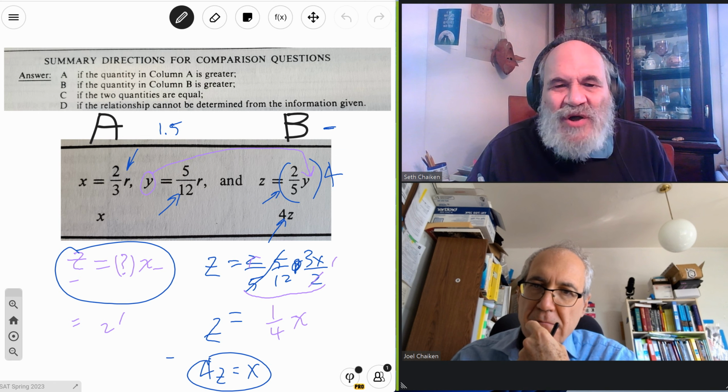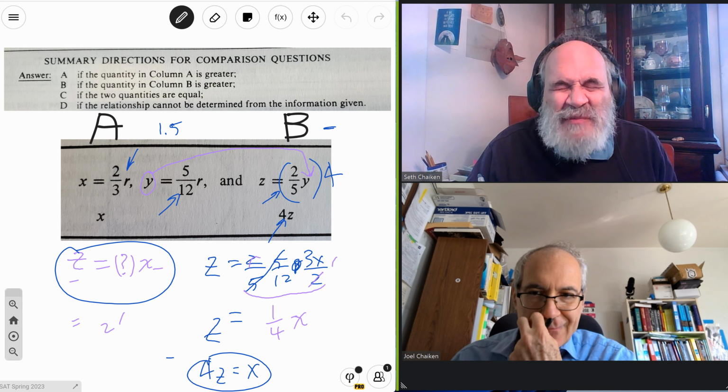Right. And I wanted to substitute something for r, so I solved for r, and substituted r into the expression for z.